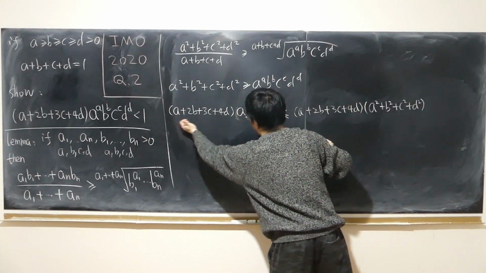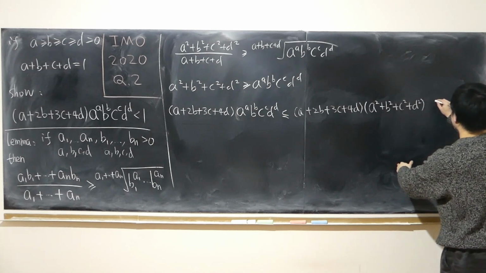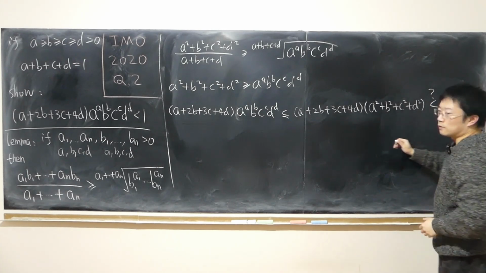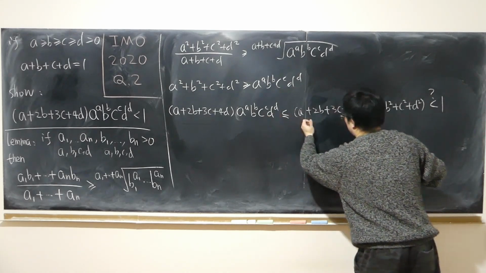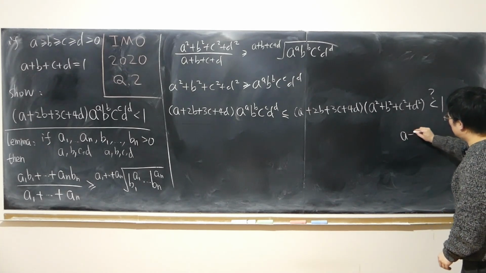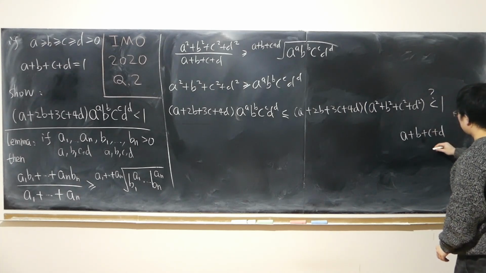So to show this is less than 1, can I show this is less than 1? Right? Loosening the inequality. If this is true, then that's automatically true. Right? But 1 can be written into, that's given, right? Their sum.